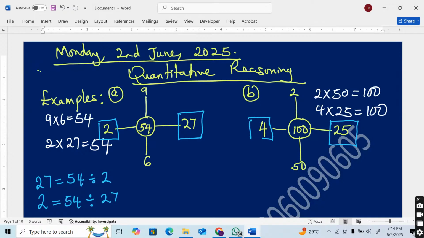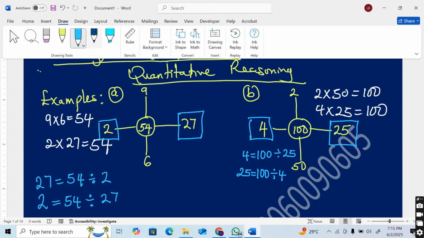Same thing for sample B. To get 4, that will be 100 divided by 25. And to get 25, that will be 100 divided by 4. Now let's look at the other part.